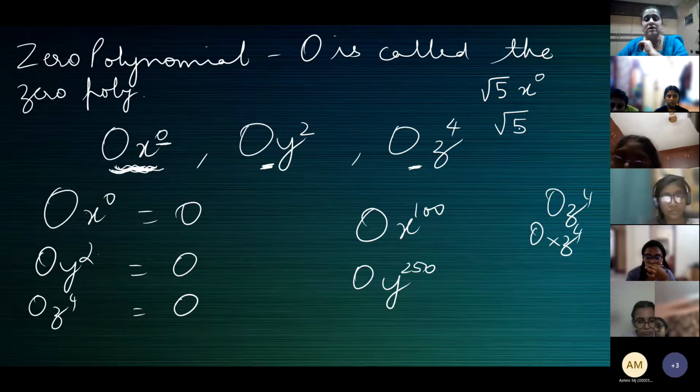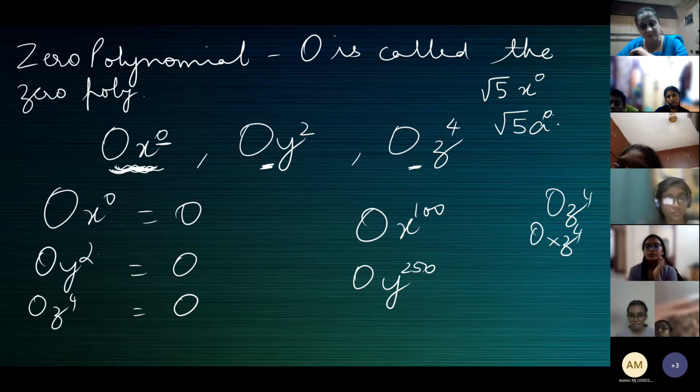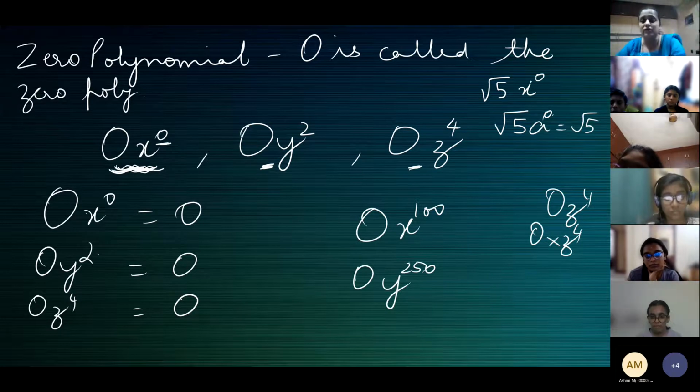Because alongside root 5, you can introduce any variable, x, y, z, but raised to the power 0 only. Then a to the power 0 is 1, and 1 into root 5 is root 5. You're not changing the value. So clearly the degree of a constant polynomial is 0, since the power of the variable is 0.